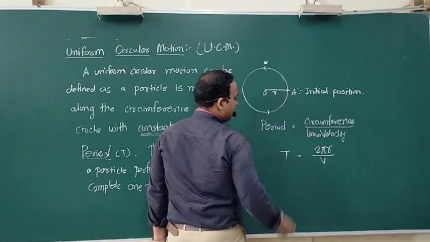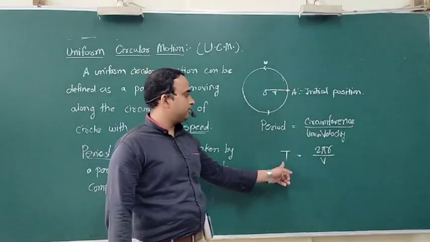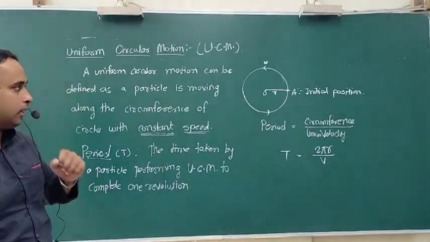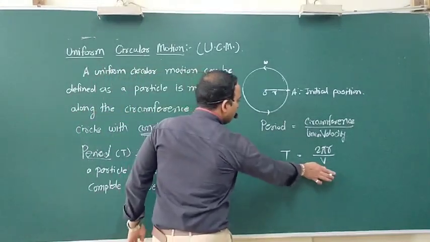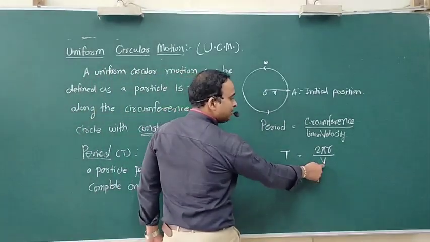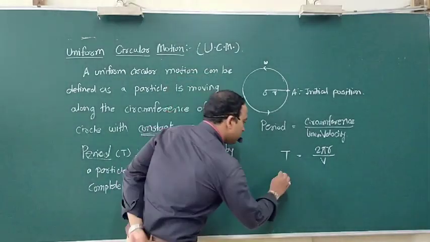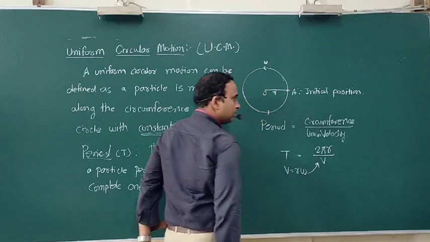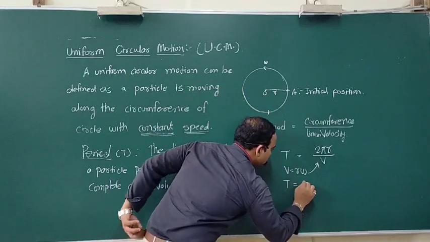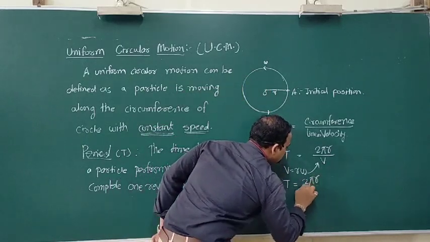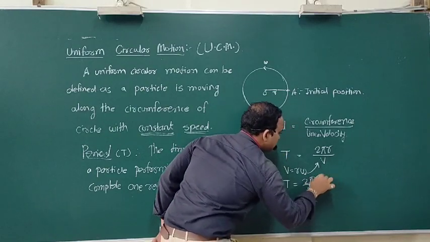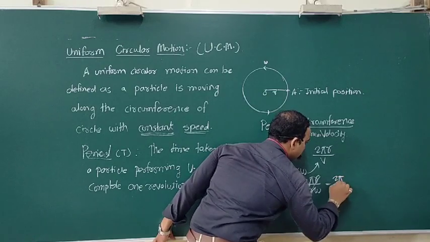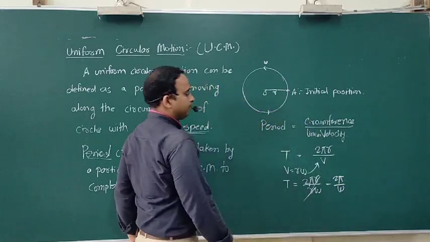Period is indicated by T. So T is equal to 2πr upon v. We already know the relation between linear velocity and angular velocity: v is equal to rω. Substituting, we get T is equal to 2πr upon rω. So r gets cancelled and T is equal to 2π upon ω.